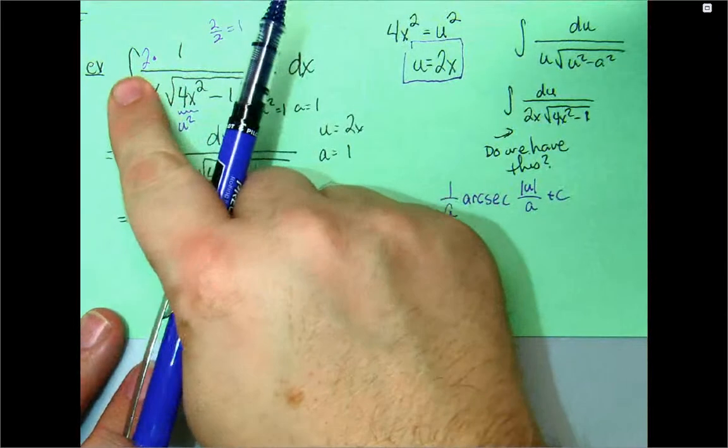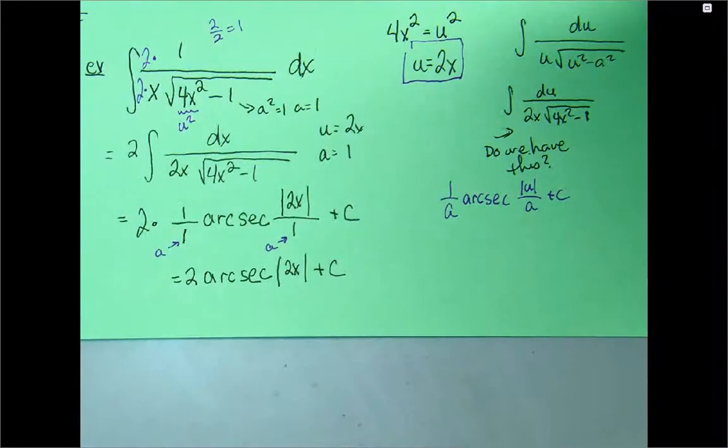So in order to apply the rule, I have to multiply this by 2 over 2, because 2 over 2 is 1. And that makes the 2x that's going to be there. And I just pulled that 2 from the numerator out front, because it doesn't do anything for me inside, and it doesn't set it up to be the actual formula. So once I have the 2 times the integral, I do the integration and I get this value.